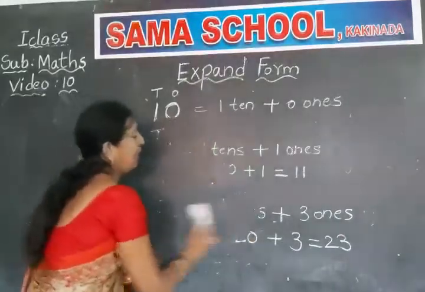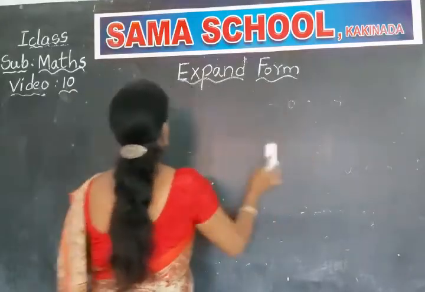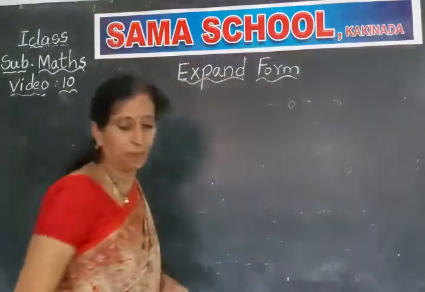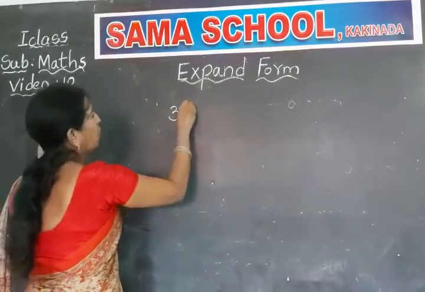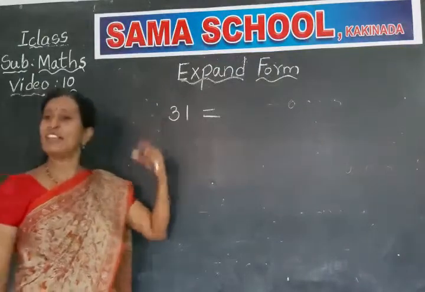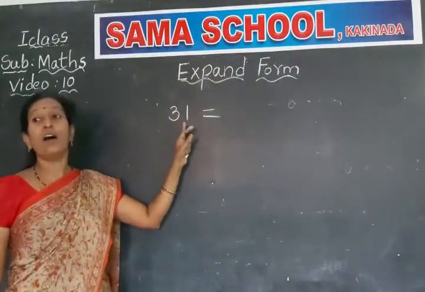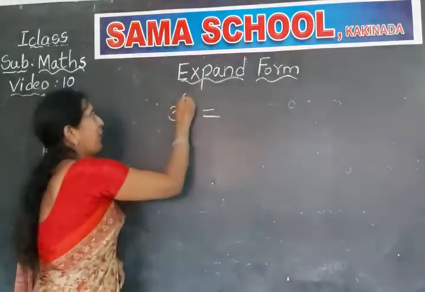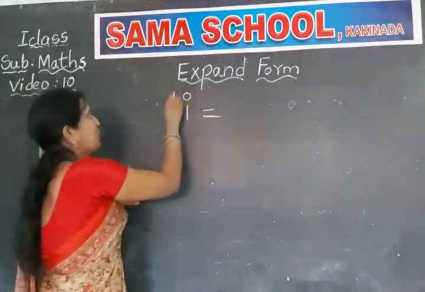Again, I'll give you one more example. Now tell me, which is in ones place and which is in tens place? See there. 1 in ones place and 3 in tens place.